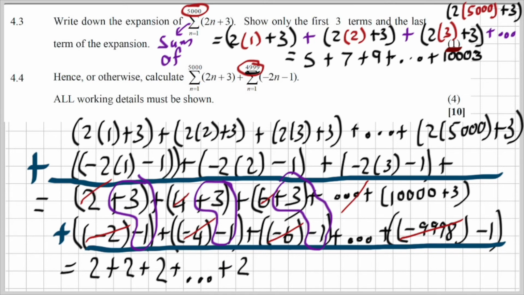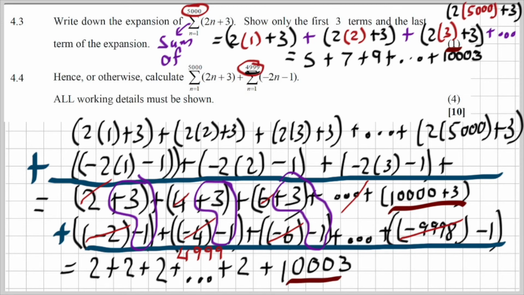But which one is not going to cancel out? Well, that 10,003, that one right at the back there, is not going to have anything that cancels out. So I've just got to add it.